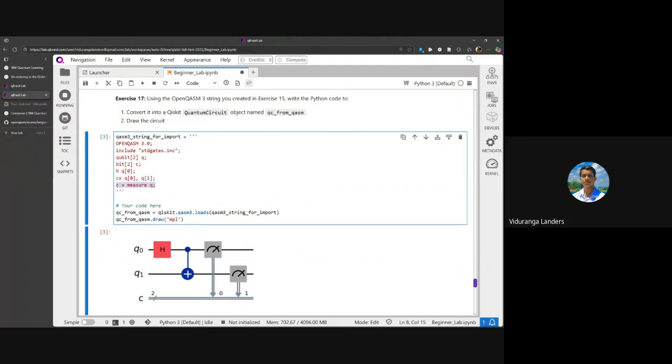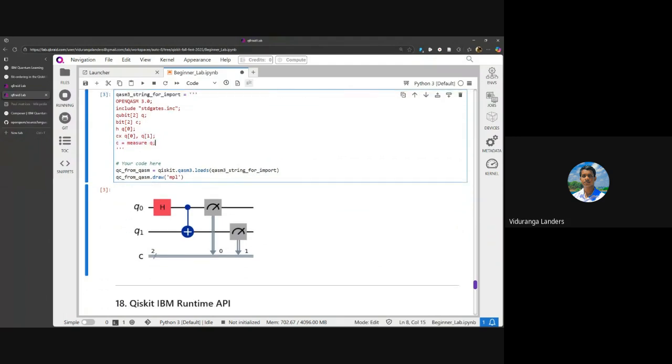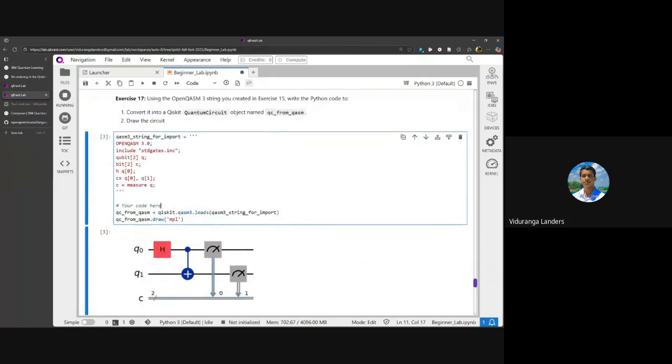Then I have measured one. Then I have measured all. That's pretty much it for my circuit. And then I have converted it to the Qiskit circuit using this feature in Qiskit, and I have used the draw function from Qiskit. So yeah, this is something just for your knowledge.